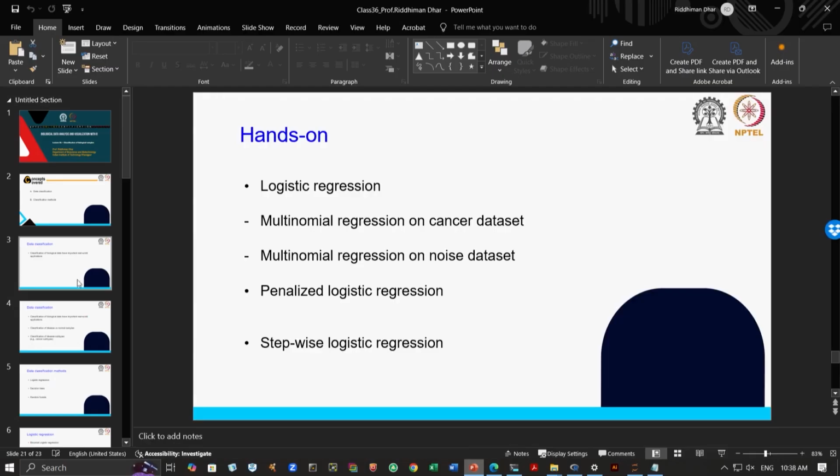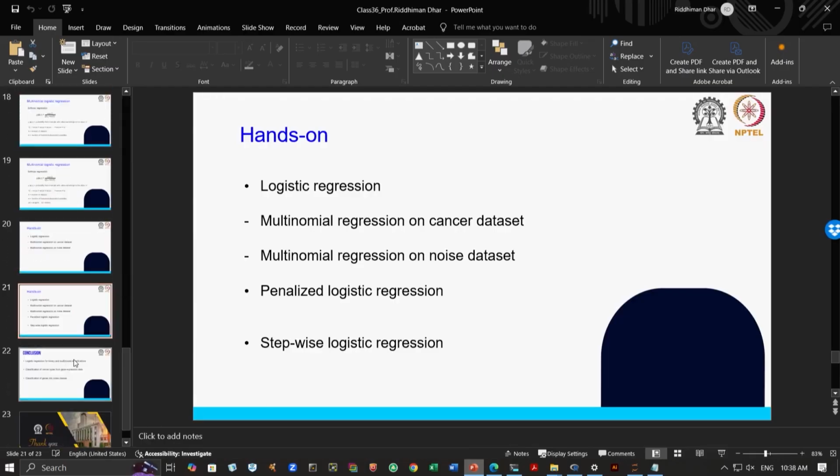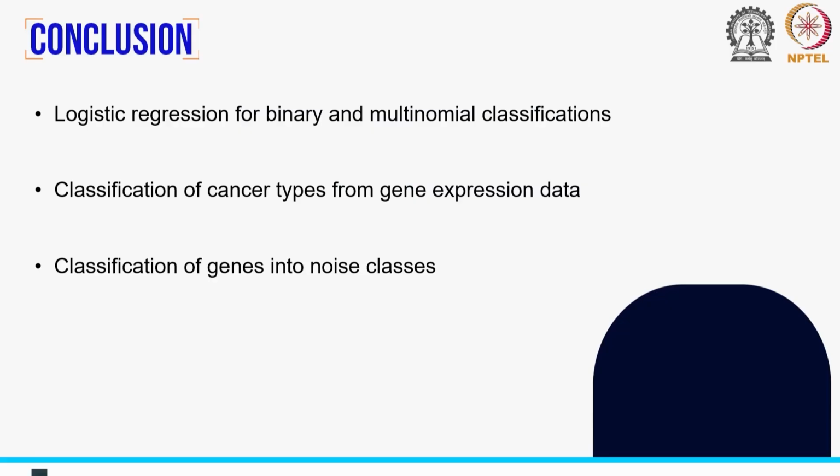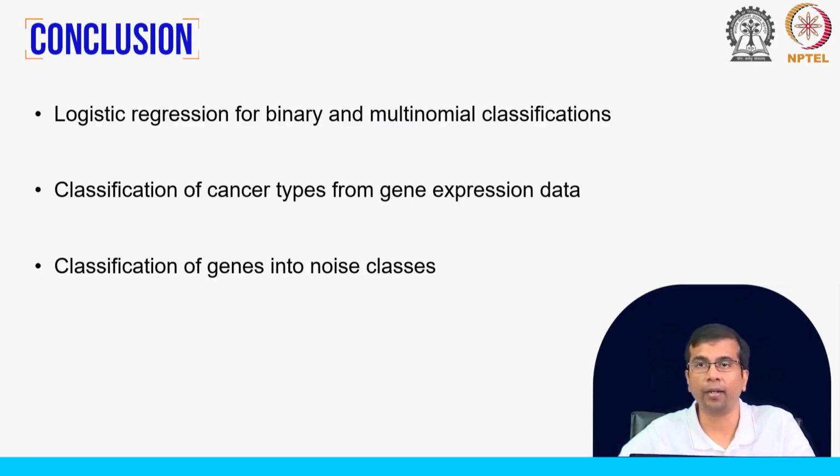Just to summarize what we have seen in this class. As I said, logistic regression is used for binary and multinomial classifications. We have talked very briefly about the theory, but what we have seen in the hands-on is that we could use multinomial regression to classify cancer types from gene expression data, using only the expression of 20 genes.